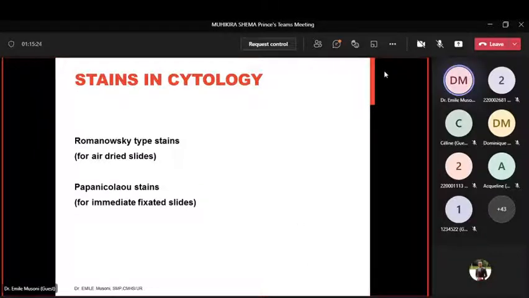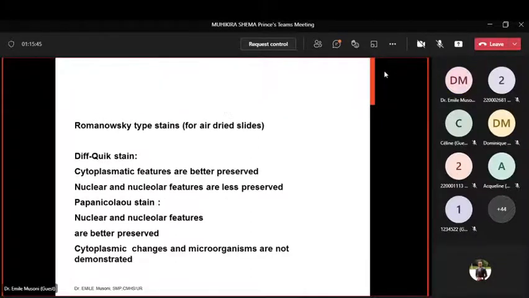As for the stains used, there are two types of stain used in cytology. The Romanowsky type is for air-dried slides. When you use it, you don't need to put a fixative. The other is the Papanicolaou stain. It is for immediately fixed slides. With the Romanowsky type, the cytoplasm is better preserved.